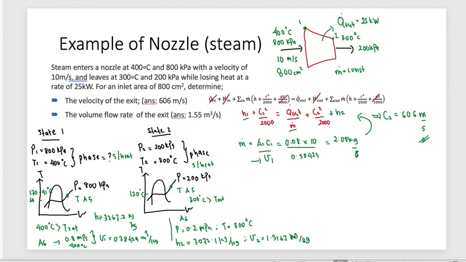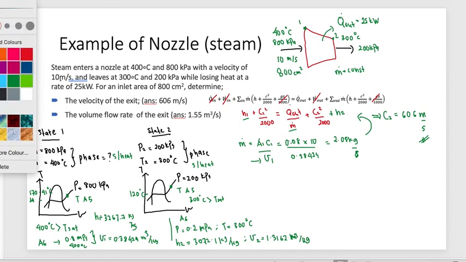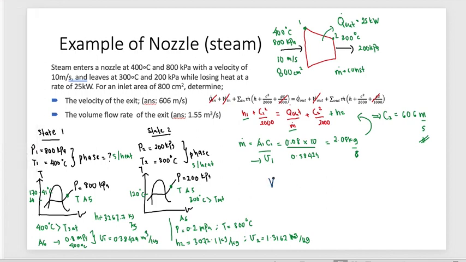Next, I want to find the volume flow rate. The volume flow rate is the mass flow rate multiplied by the specific volume, and I want to know the volume flow rate at the exit. So, M dot is constant, therefore 2.08 multiplied by specific volume 2, 1.3162 meter cube per kilogram, and this is kilogram per second.